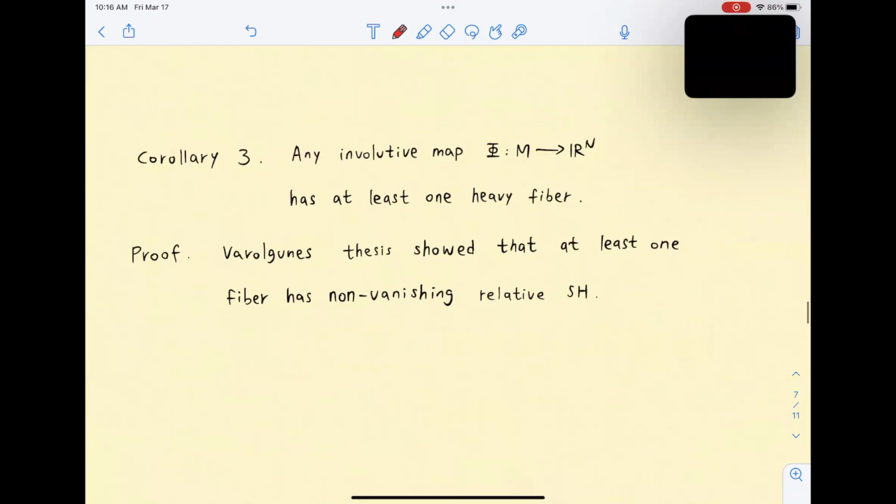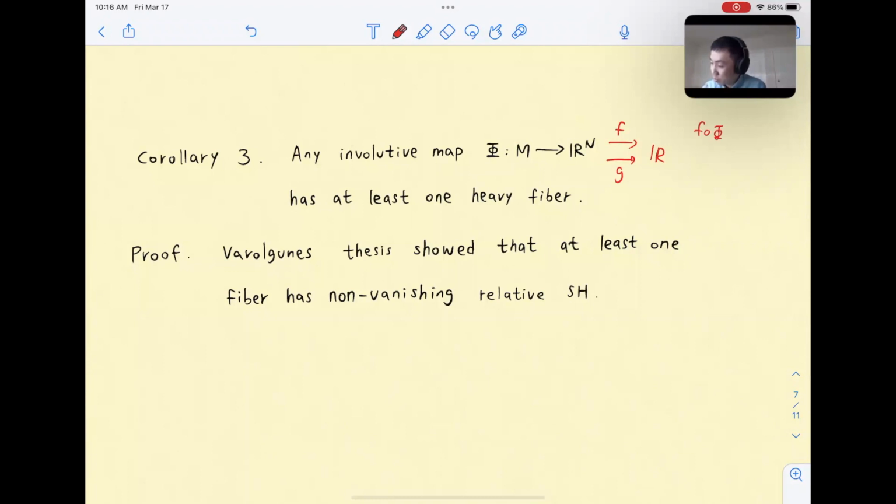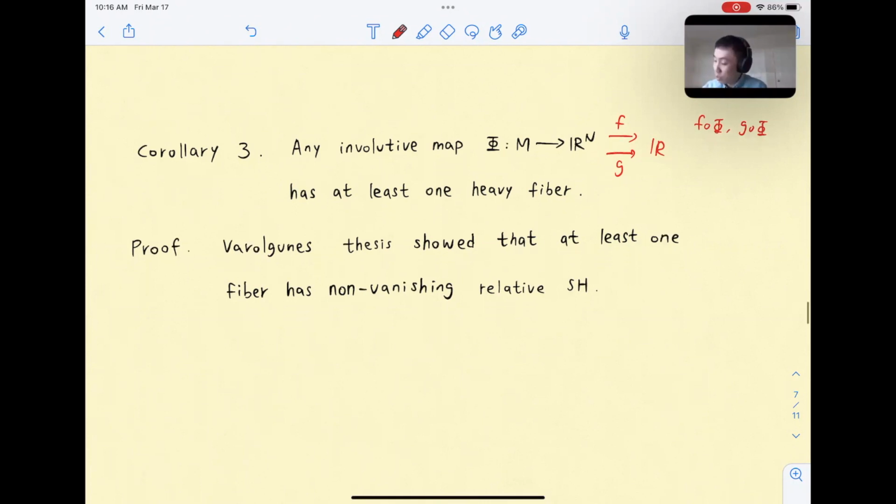Okay, so the last corollary is about involutive maps. So suppose we have a map from M to R^N. We say it's involutive if for any f, g maps from R^N to R, we have f composed with phi, g composed with phi, those two functions are functions on M, and involutive means all of those functions have vanishing Poisson bracket.